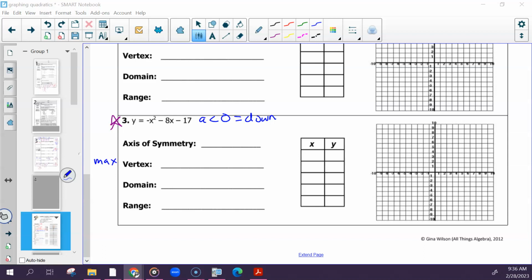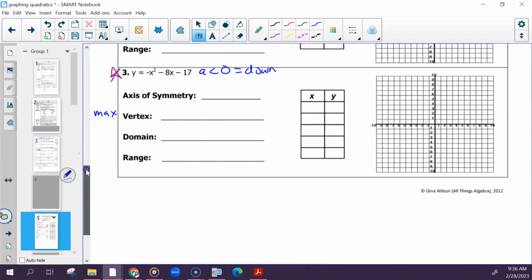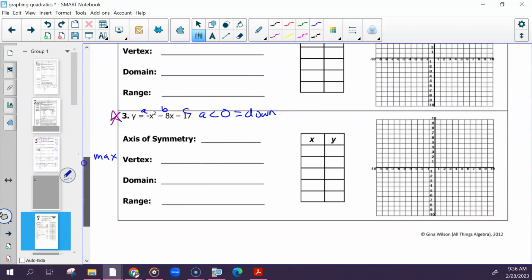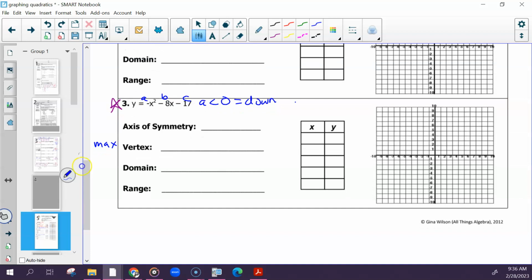Okay, so let's do our x equals negative b over 2a. So we have a negative 8 over 2 times negative 1.